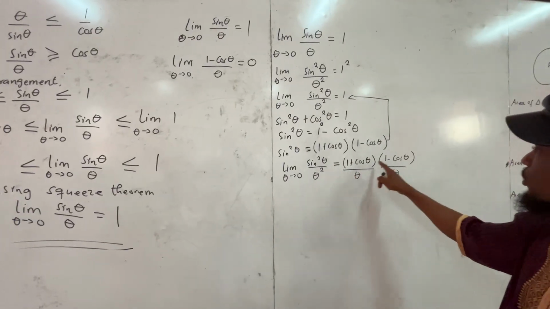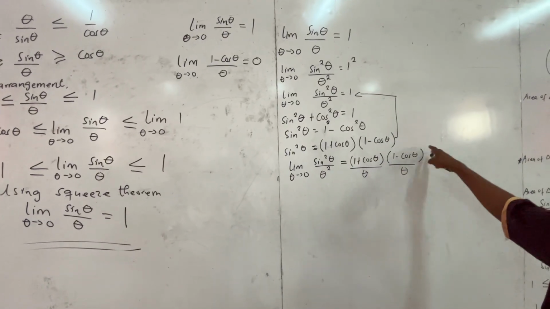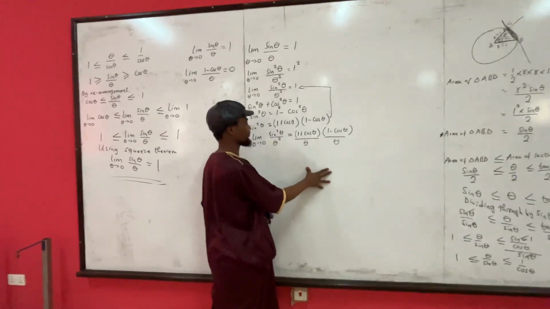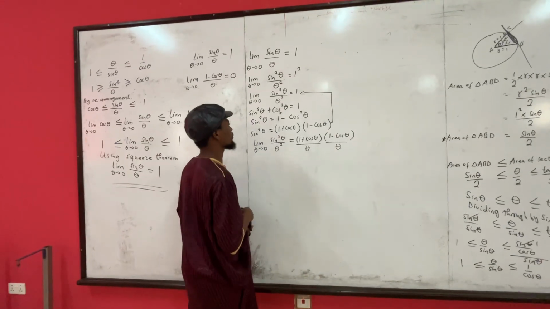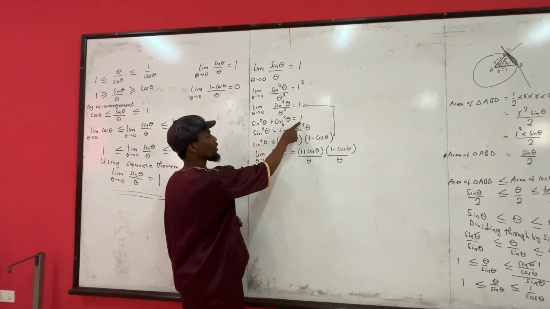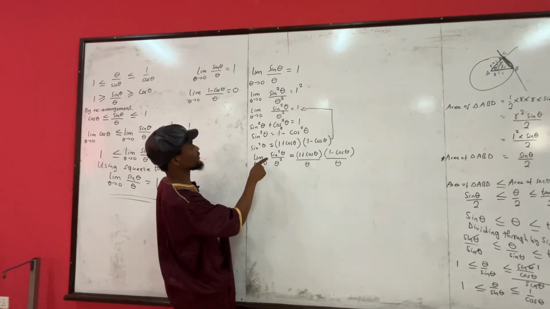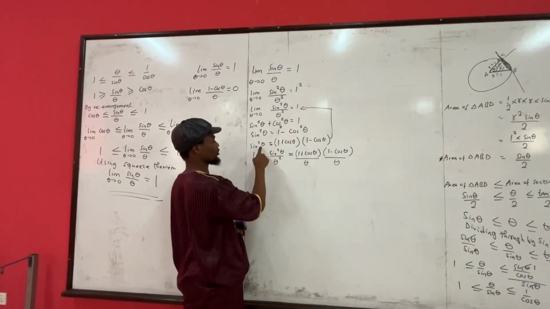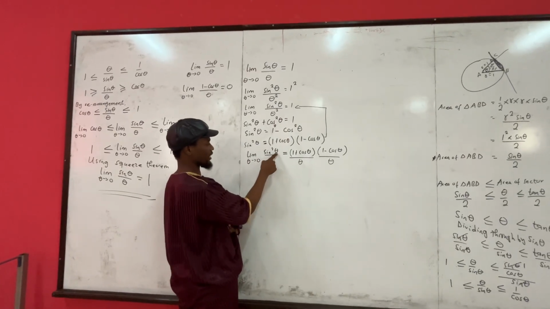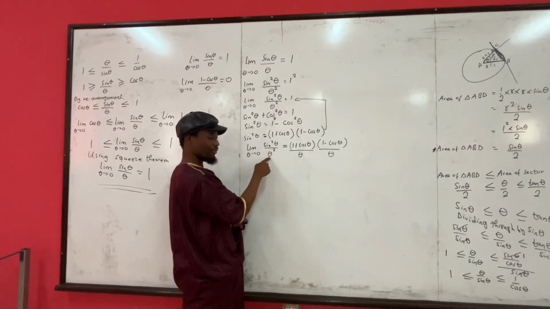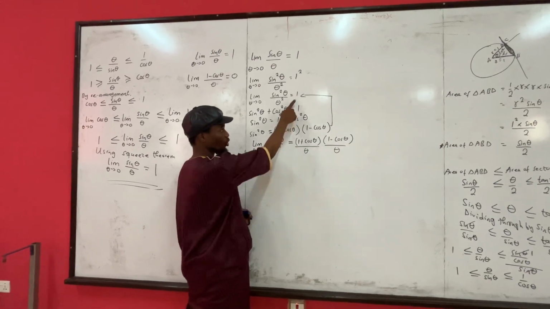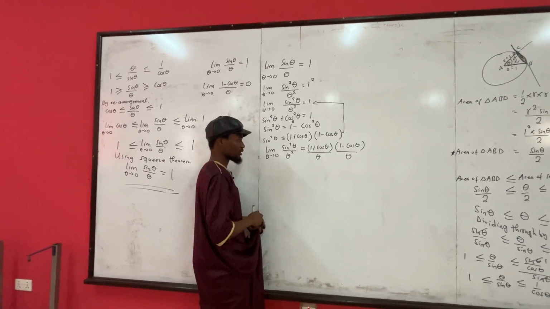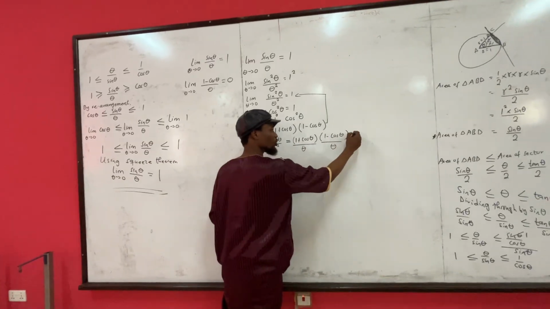Viewers, we had this right. We said that when you evaluate this, you should get 1, is that not so? So sine squared theta over theta squared is equal to 1, and this is the same as that, which is equal to 1.